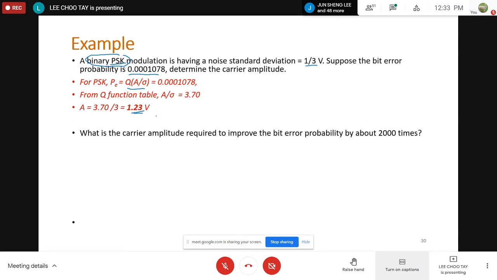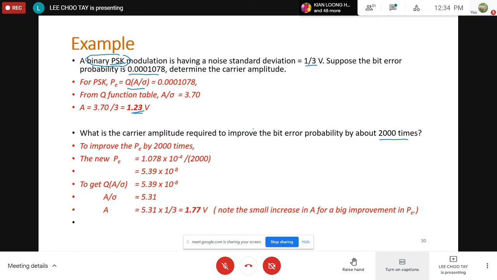Next question. What is the carrier amplitude required to improve the bit error probability by 2000 times? To improve the bit error probability by 2000 times, you don't multiply the bit error probability by 2000, you divide it by 2000, because lower is improvement.